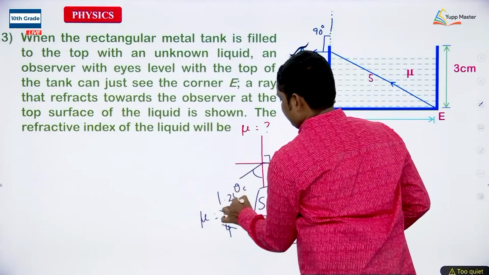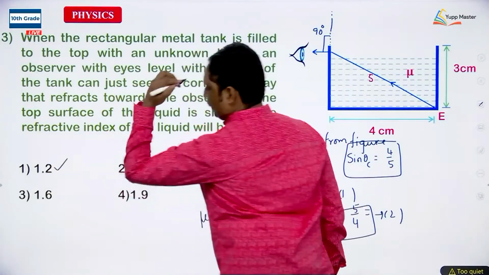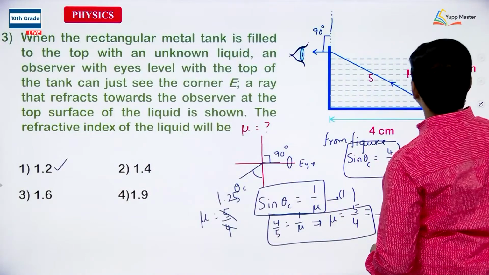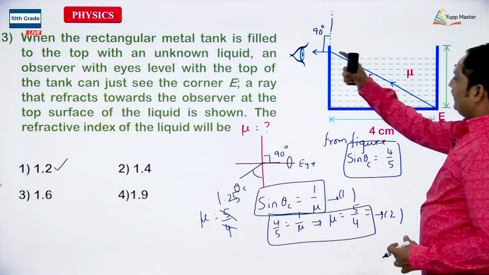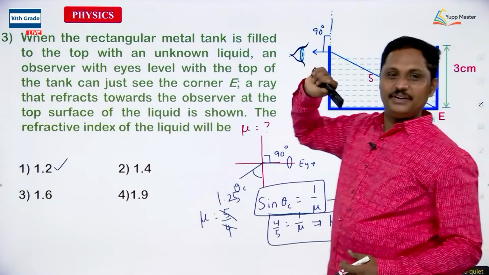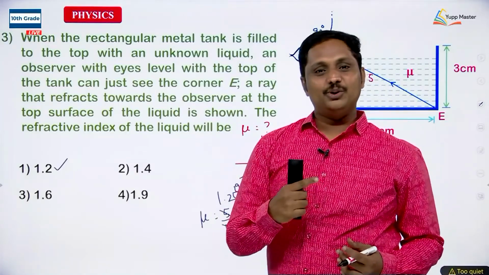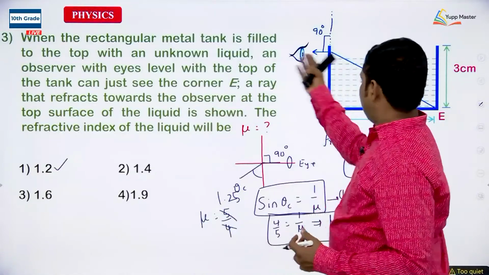They have given 1.25 in the answer, you can check it, it is the correct answer. So these kinds of problems are solved very easily, just apply the concept of critical angle. When the ray is incident at the critical angle, it is refracted along the boundary at 90 degrees, it is very clear.